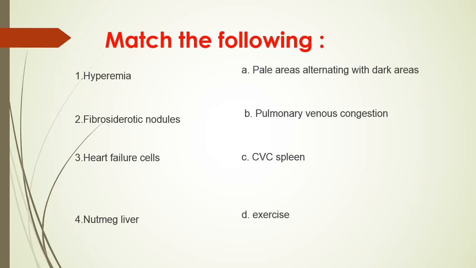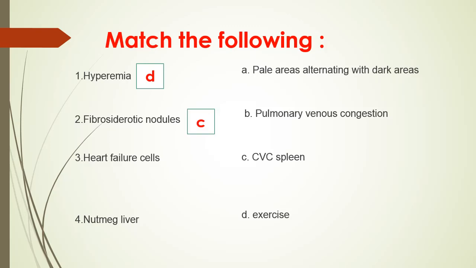Concerning hyperemia, what do you choose? Yes. One of the physiological causes of hyperemia is muscular exercise in skeletal muscle. Concerning the fibrosiderotic nodules, what do you choose? This is characteristic of chronic venous congestion of the spleen.